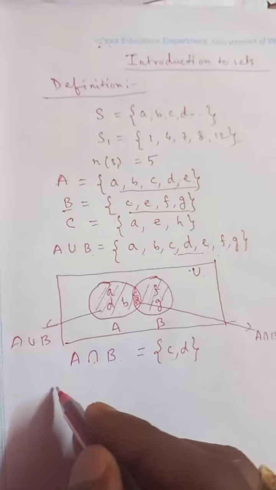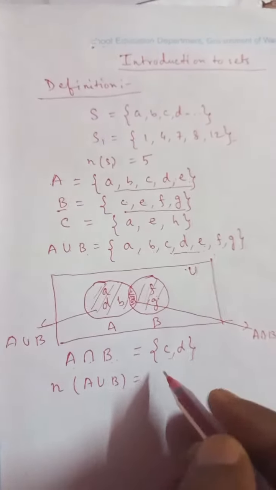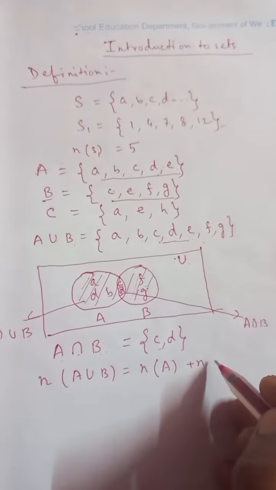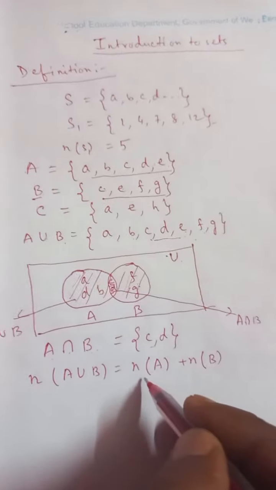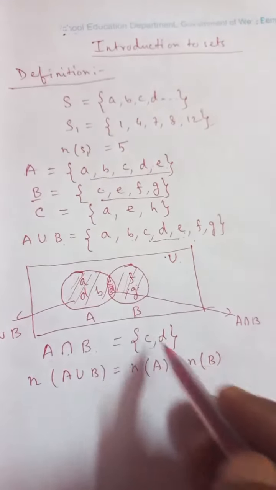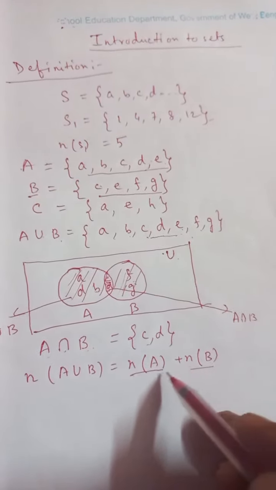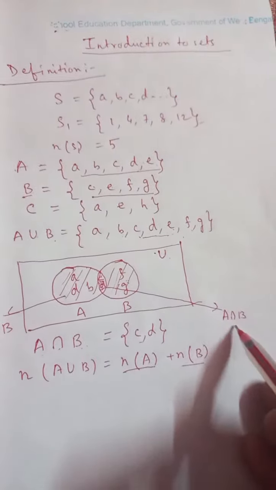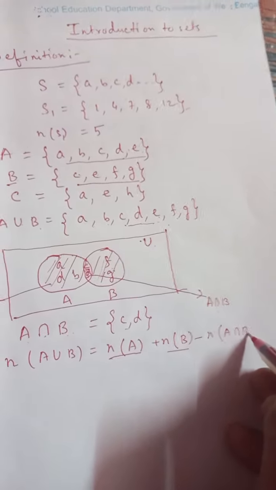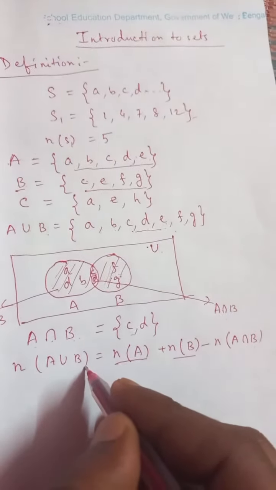So we can very easily write that the number of elements in A union B is equal to the number of elements in set A plus the number of elements in set B. But the problem is that the intersection elements, which we have to take once, are taken twice here. So we subtract the number of elements in A intersection B once, so that the number of elements in A union B can be generated.